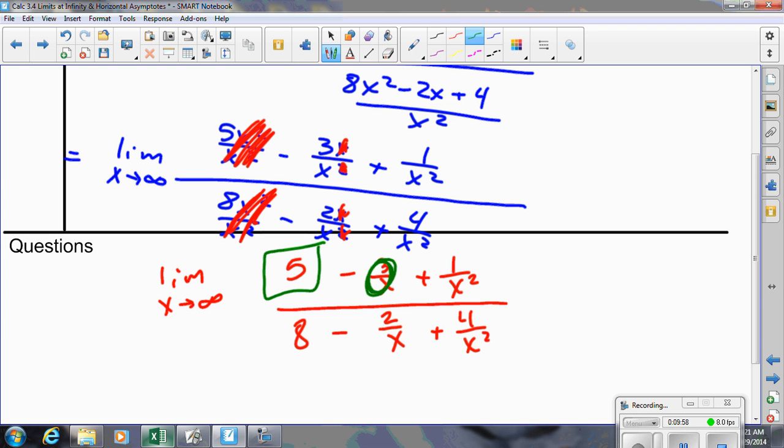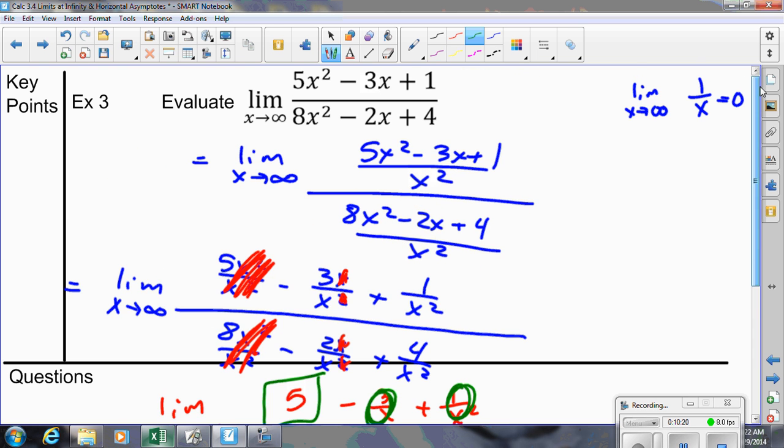If you're taking x squared, well, really huge times really huge is going to be really huge. So this is still going toward 1 over infinity, so 0. 2 over x is going to 0. 4 over x squared is going to 0. So what is this thing approaching? 5 over 8. We have our answer.